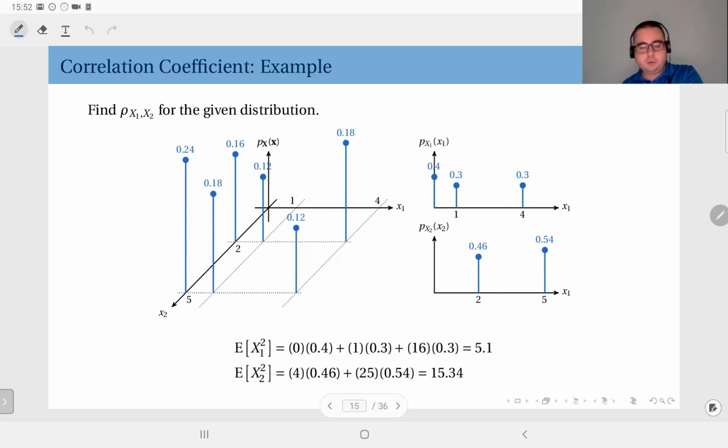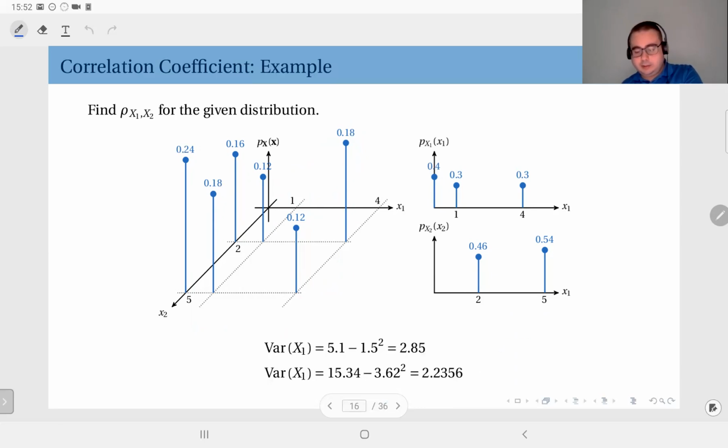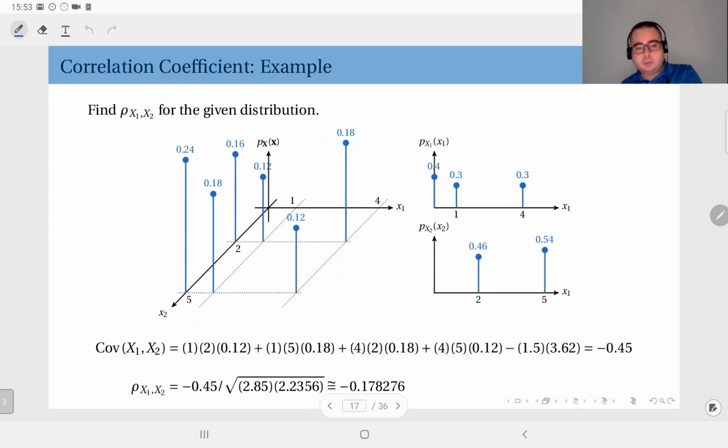Then let's compute the second moments, and these are the values you get, and then compute the variances by subtracting the square of the means from the second moments, and these are the variances of X1 and, sorry, this should be X2. And then we compute the correlation coefficient by first computing the covariance, and this part again, as you see, is the correlation. Again, I omitted the terms with 0 products.